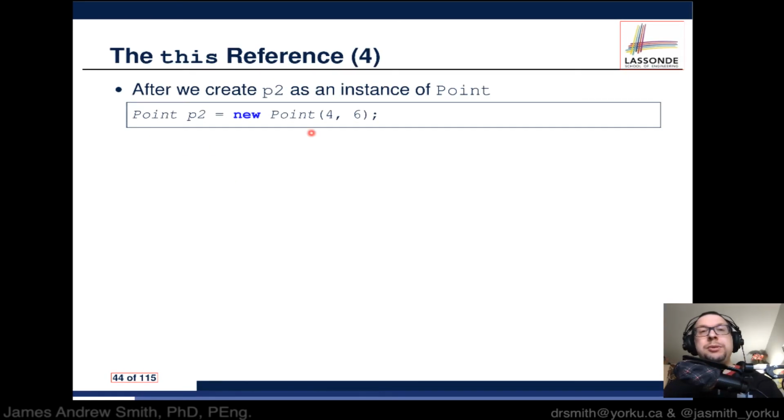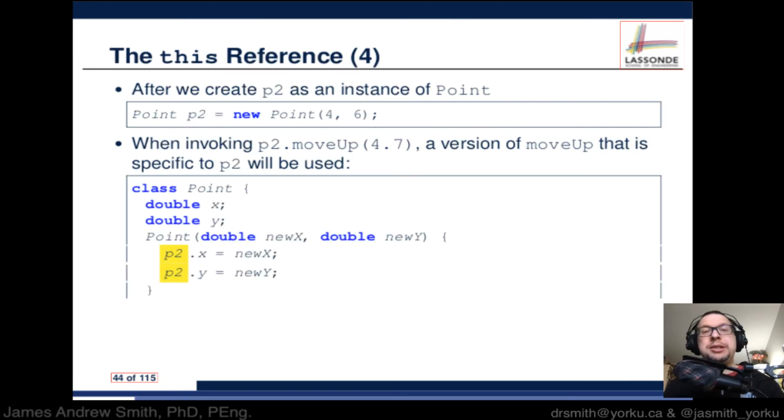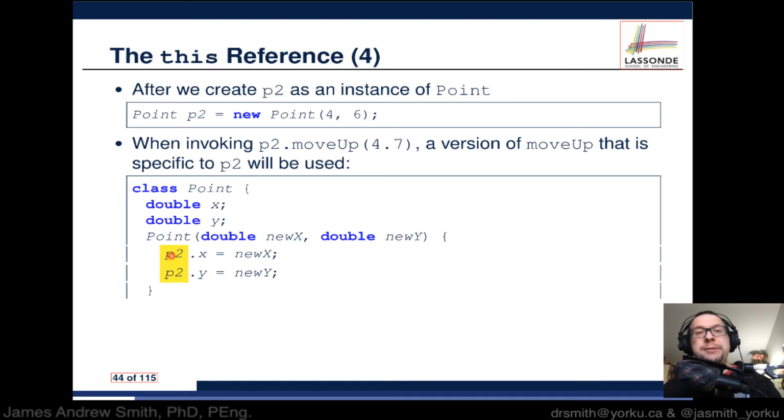So we've got a P2, this is our constructor right here, that's the object name, that's the class that we're getting P2 from. So when invoking P2.moveUp right here, that is the method that we want to use on object P2. There'll be a specific version of moveUp that's specific to P2 and it'll be used. And so instead of this, it'll say P2 internally.